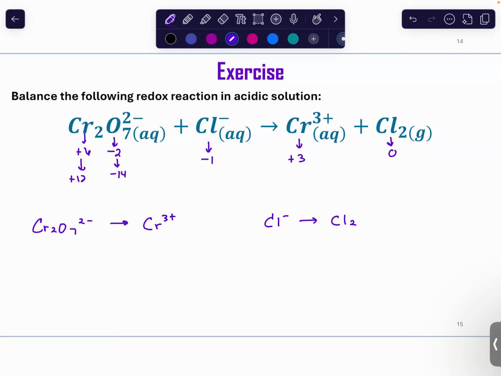Okay, so those are our half reactions, because you notice the chromium was reduced and the chlorine was oxidized.